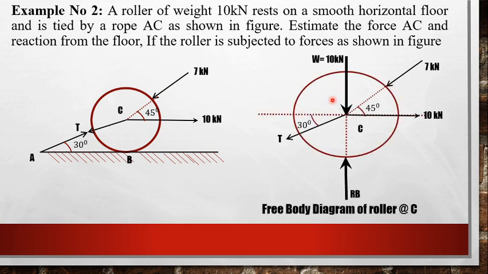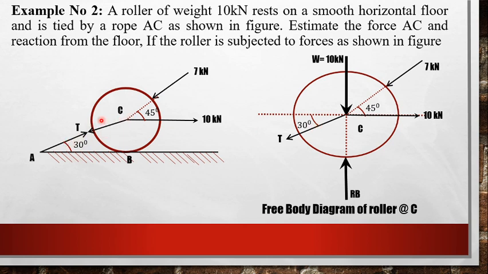So this is the free body diagram. Let us take the self weight first. So this roller has a self weight of 10 kilonewton which will act downwards. So it has been taken here. The next, the tensile force made by rope AC, that is force in AC, has to be found out. So this has to be placed here. Now the angle made by it will be 30 degrees. However, we have this angle 30 degrees.